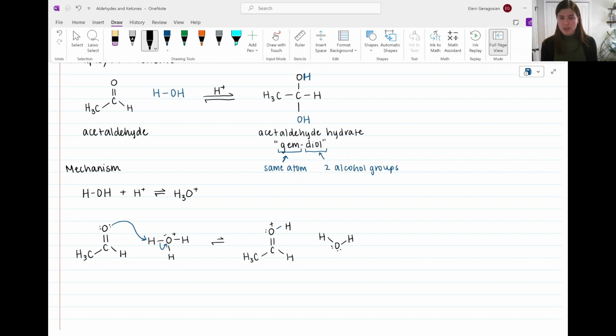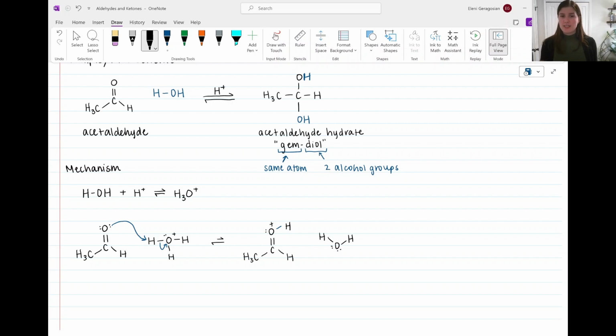Having that hydrogen bonded to oxygen there causes the oxygen to then pull electron density even further away from the carbonyl carbon. Oxygen is positively charged. It's sharing a lot of electrons, and it wants to own more electrons. It's more stable by owning more electrons.